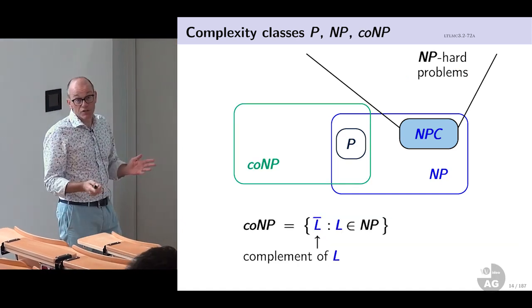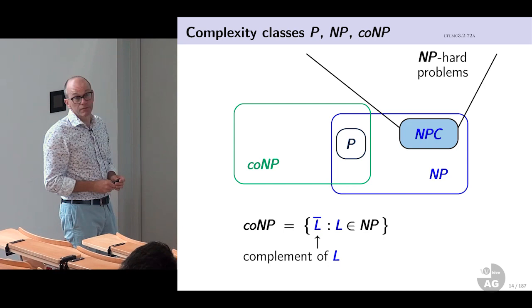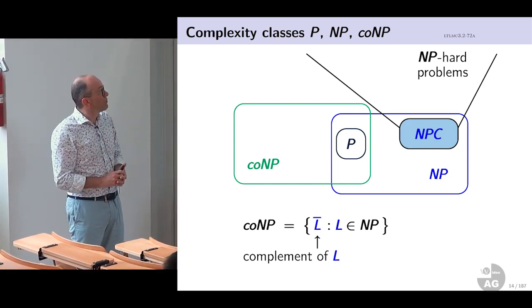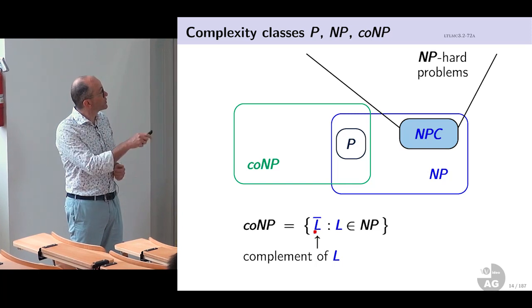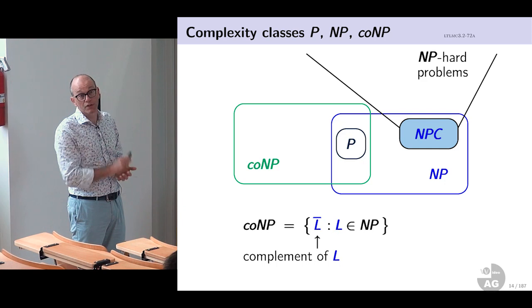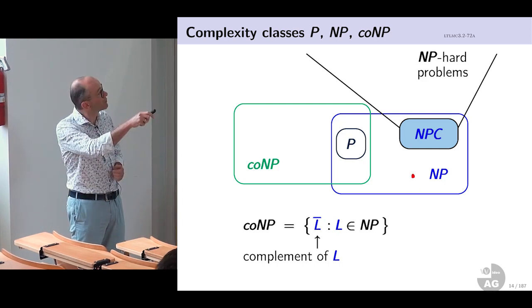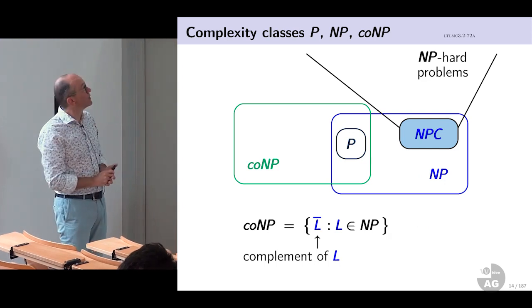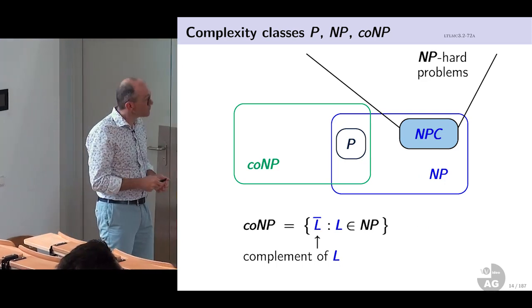Then there is the set which is important for today. It's co-NP. Co stands for complement. So this is what you might expect. This contains the complement of the set of decision problems which are in NP. So you take a problem in NP, you take its complement, you typically get a problem by definition in co-NP.